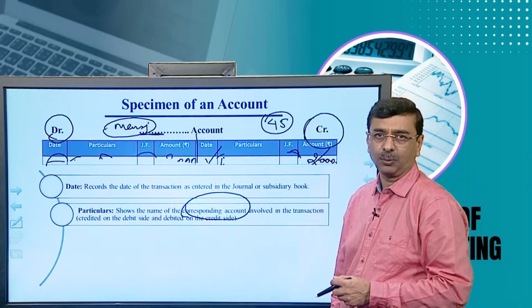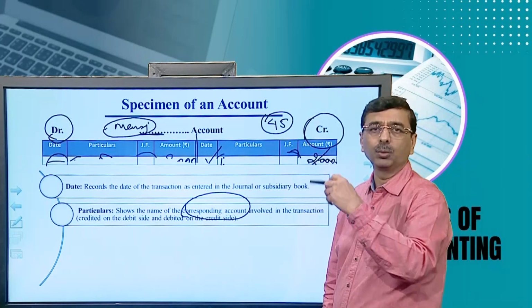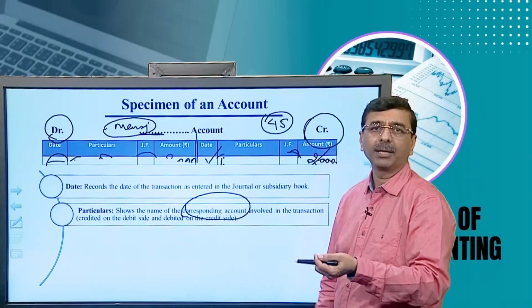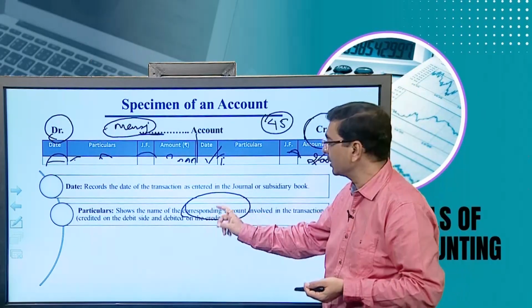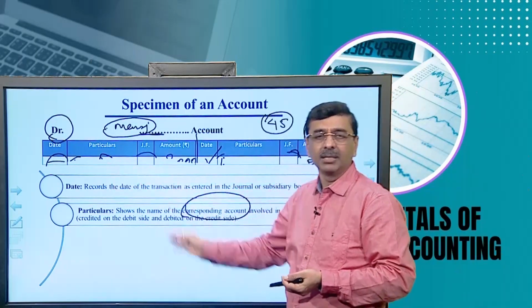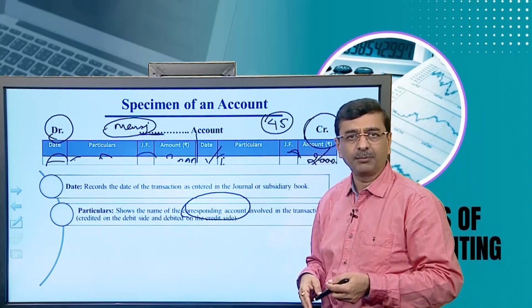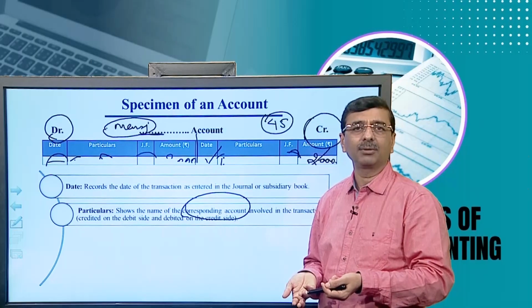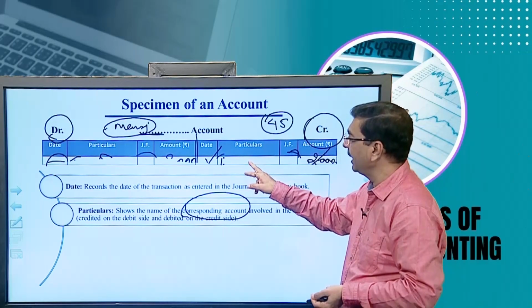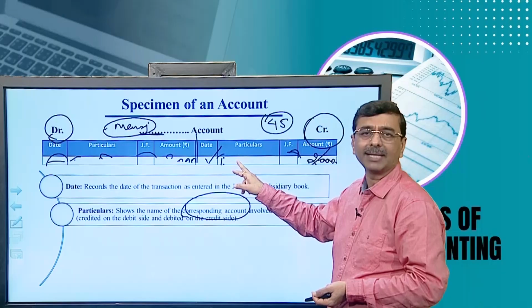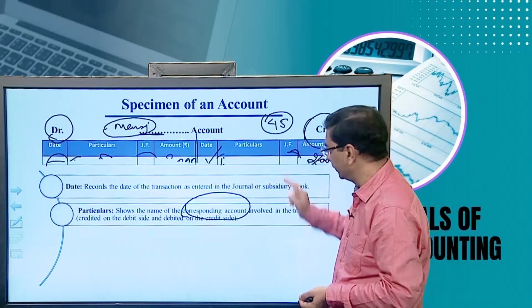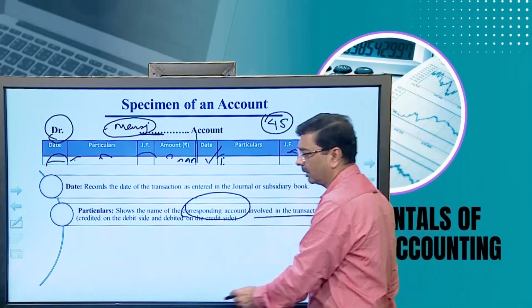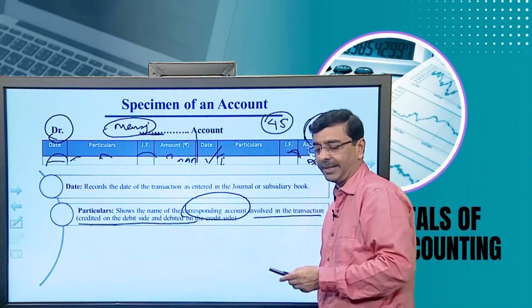Suppose it is Manoj to sales, then the corresponding account is sales, so we write sales here. Suppose cash is received from Manoj, so when Manoj is the payer, cash received, cash account debit, the opposite or corresponding account is cash. That's why we write here the corresponding account involved in the transaction on the other side.